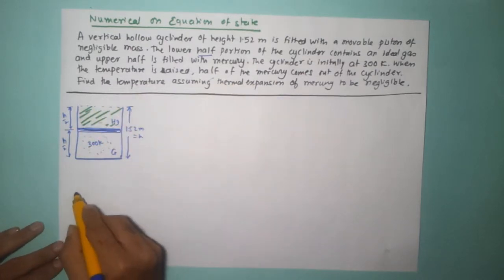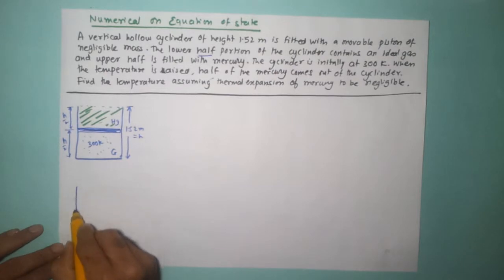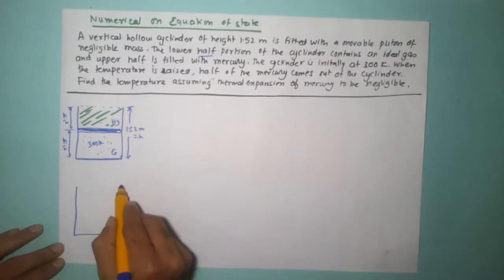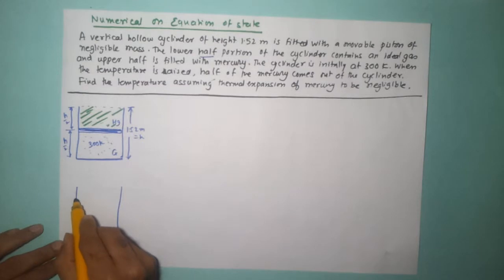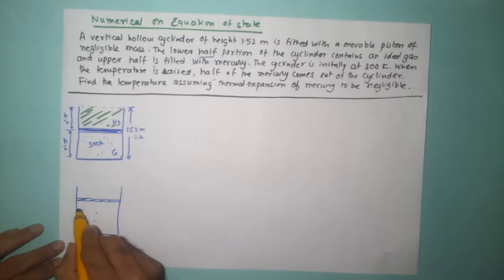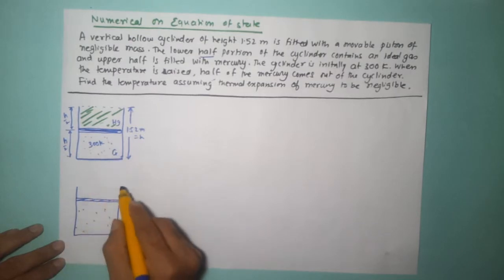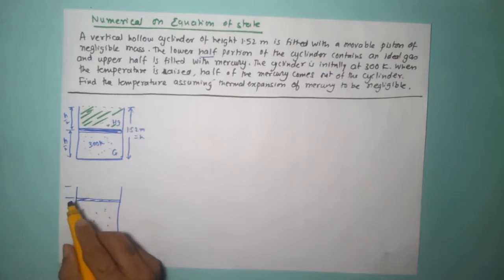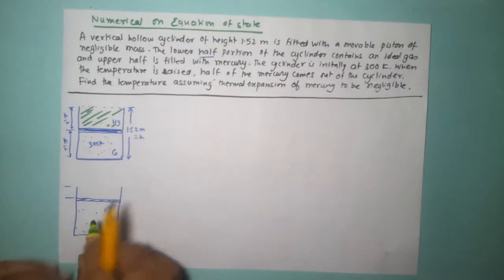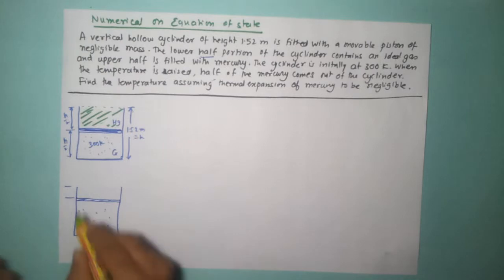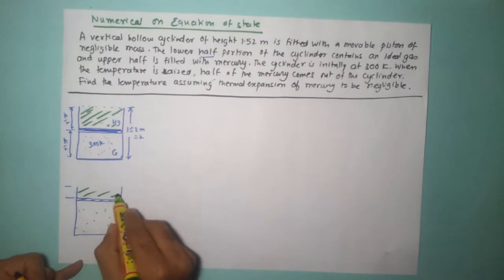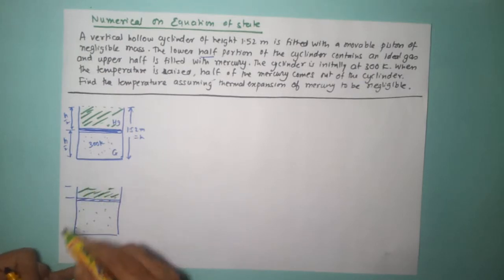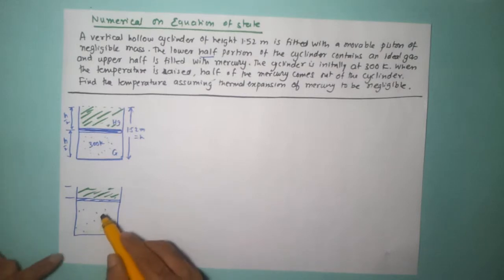So the second situation, after we have heated it up, is something like this. Now the piston has come somewhere over here. This is the piston, this is the gas now. Half the mercury goes out. That means now this part, which is mercury, which again I'll show with green color, mercury is only in this particular part.